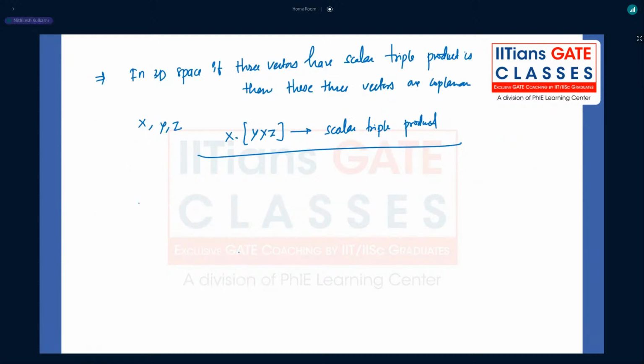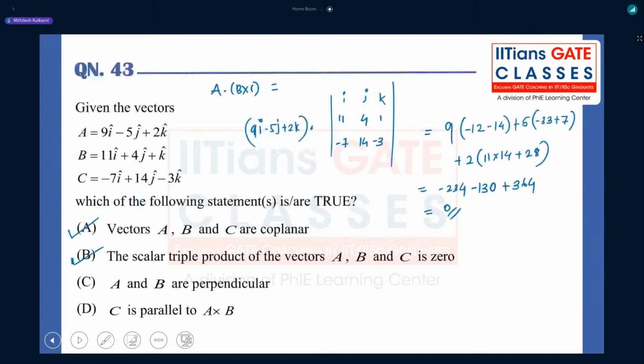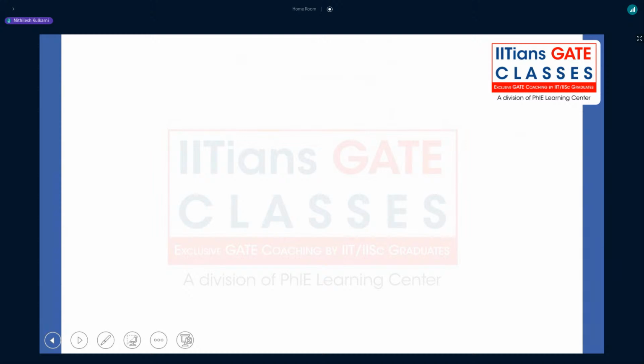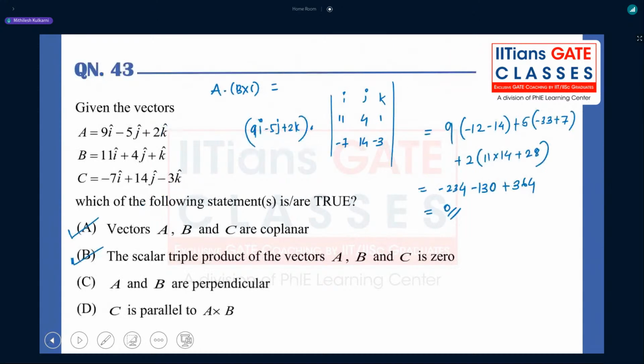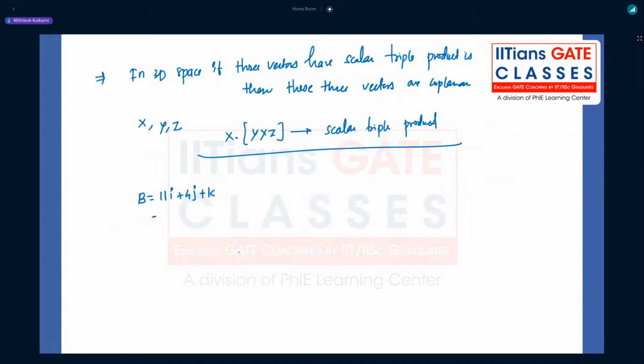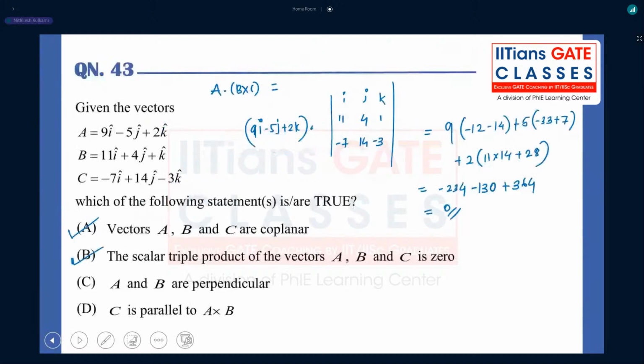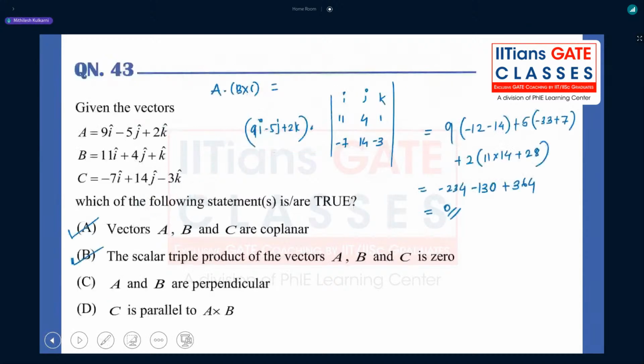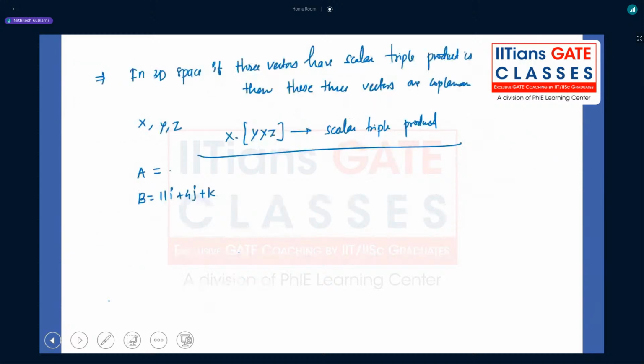B is 11i plus 4j plus k, and A is 9i minus 5j plus 2k.